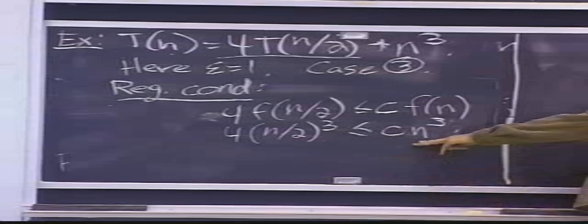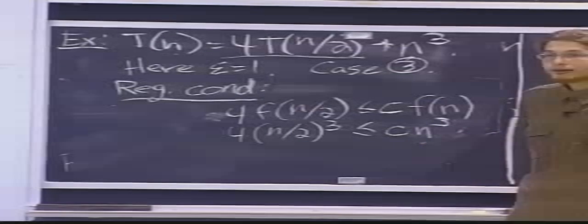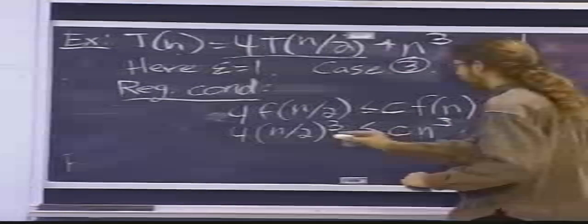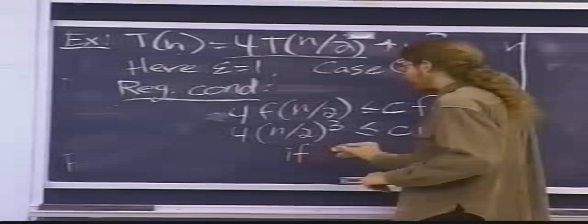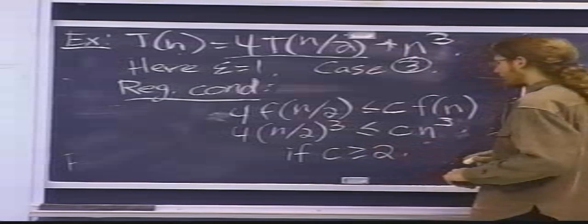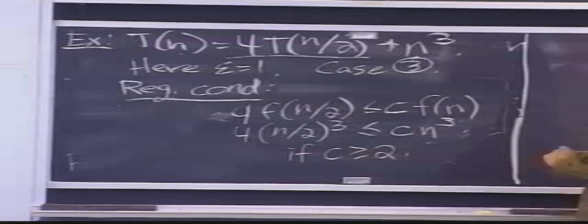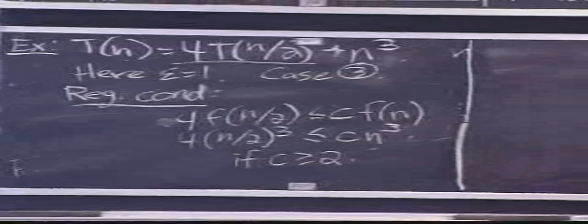And this is true when c is greater than 2, right? 1. Wait. Better not be 2. 2 would be no good, right? c has to be strictly less than 1. So this is a good check. Either it's not holding, or 1 over c better be at least 2.